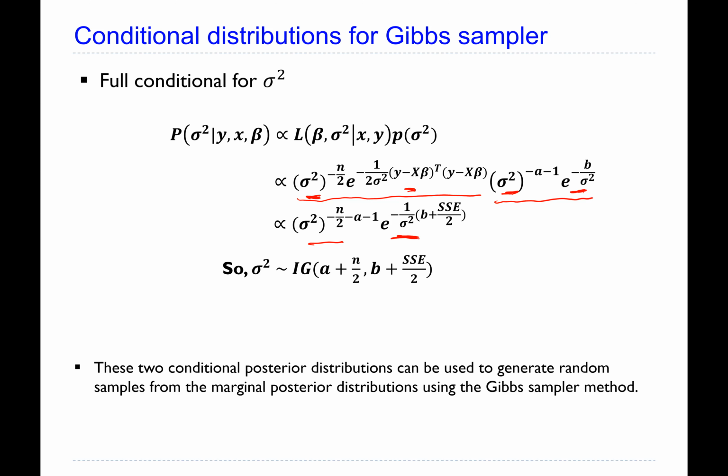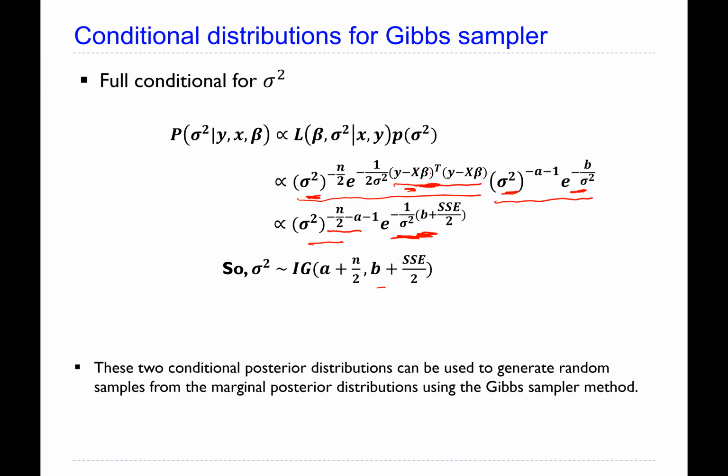When you look at this one, actually it is a kernel of inverse gamma. The alpha star is n divided by 2 plus a, or a plus n divided by 2. And beta star is b plus SSE. What is SSE? SSE is this part. This is the sum of squares due to error, actually. So you can write SSE or you can write this one.